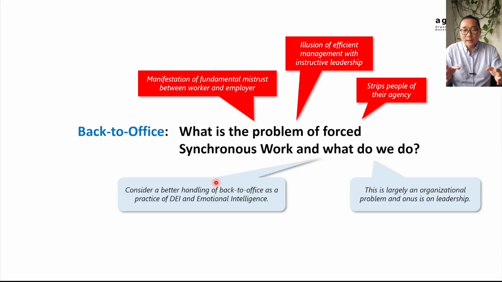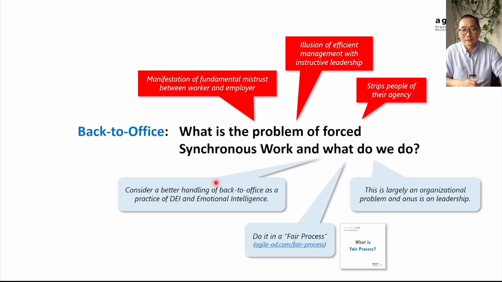Consider a better handling of back to office as a practice of diversity, equity, and inclusion, and emotional intelligence. An inclusive dialogical process of involving people in the why, what, and how of back to office will go a long way addressing the sense of resentment and powerlessness. So, yes, do it in a fair process.